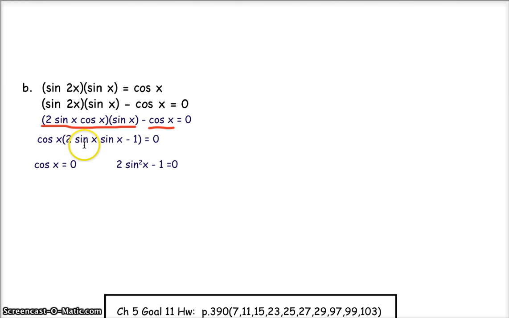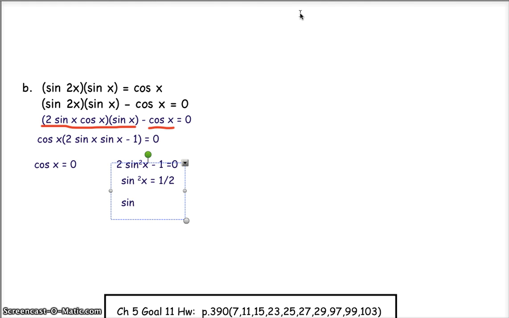Okay, so sine x times sine x is sine squared x. And in order to solve here, let's isolate sine squared x. And once we isolate that, that is equal to 1/2. And now we'll need to take the square root of both sides.